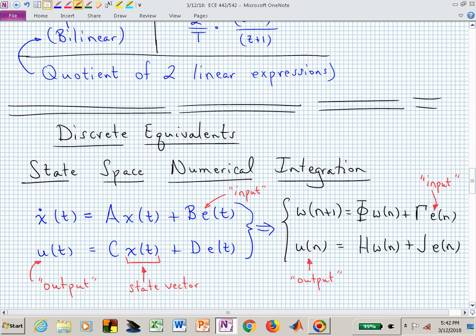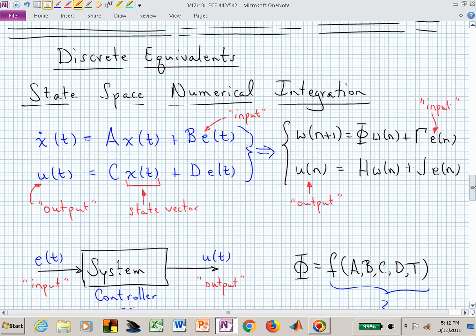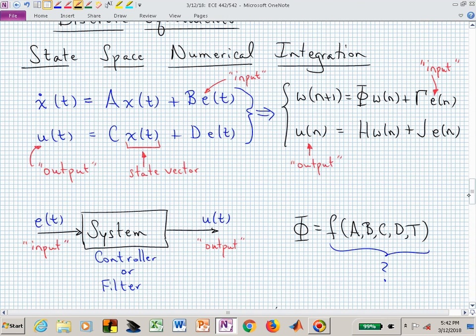Let's now try to derive some of these relationships for phi, gamma, H, and J. And this is the concept. This is the conceptual version of what we're trying to do.